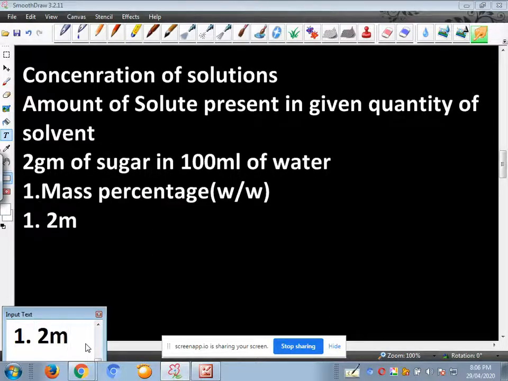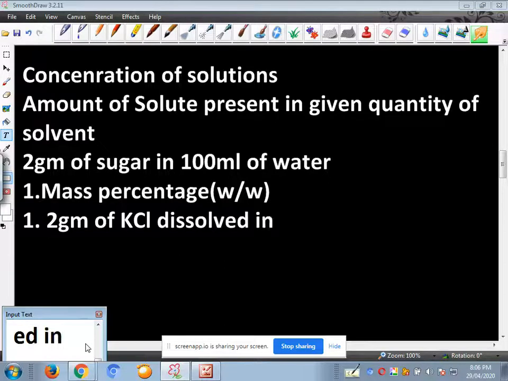Say for example, 2 gram of KCl is dissolved in 58 gram of water. What is the mass percentage? 2 gram of potassium chloride is dissolved in 50 gram of water. What is its mass percentage? I think you can solve this one.